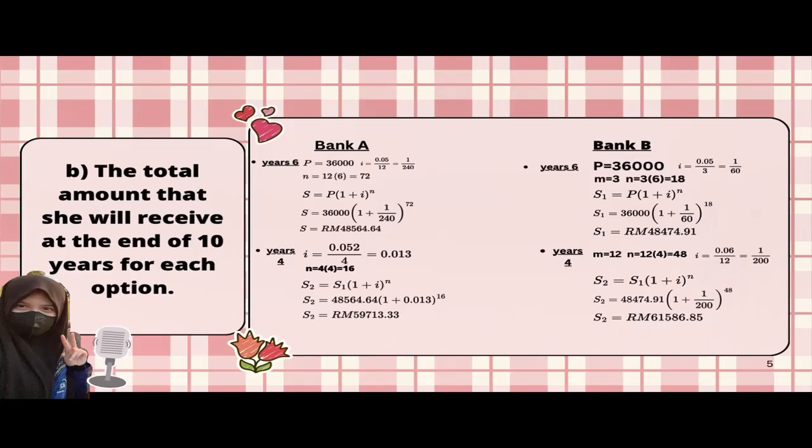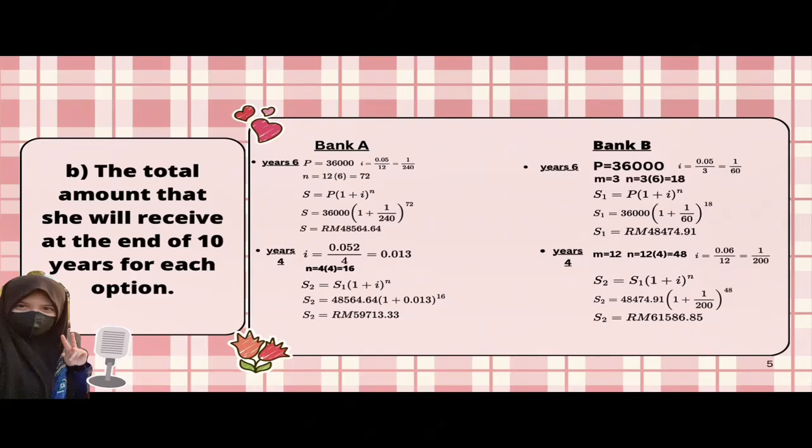We're going to substitute again into the formula S1 bracket 1 plus I bracket N, which is 48,564 ringgit 0.64 cent, bracket 1 plus 0.013 bracket 16.